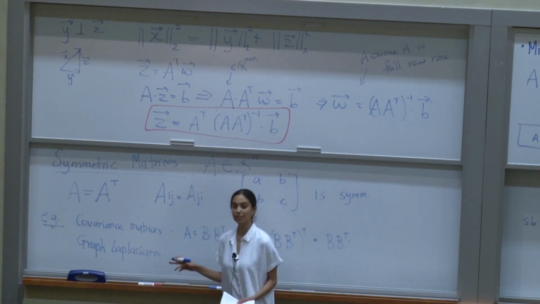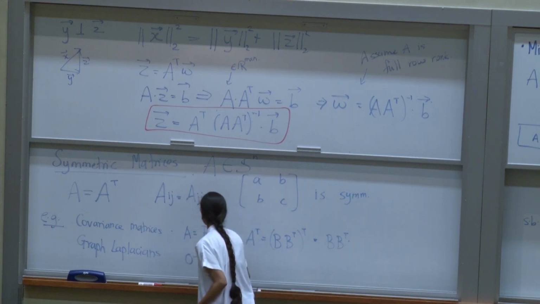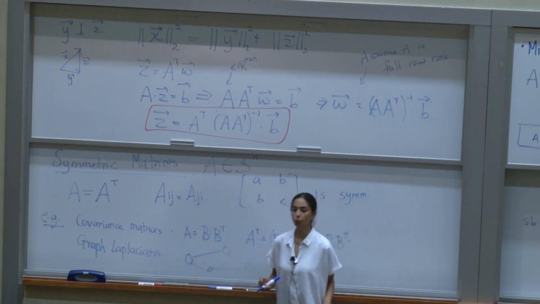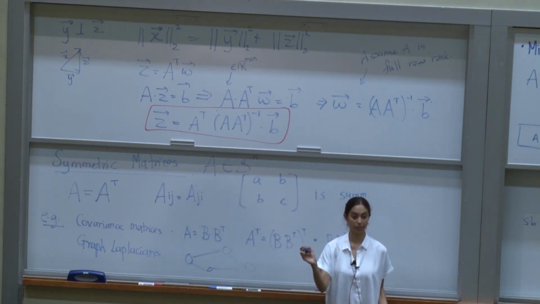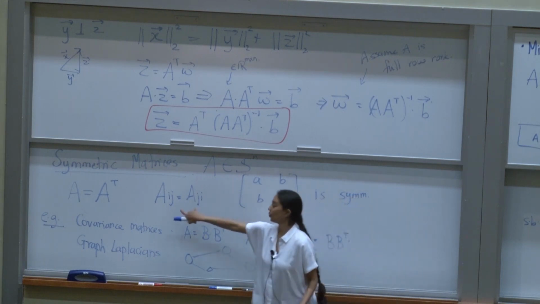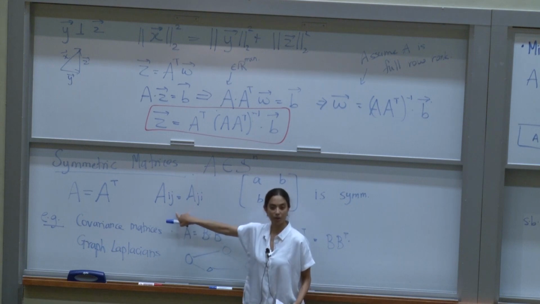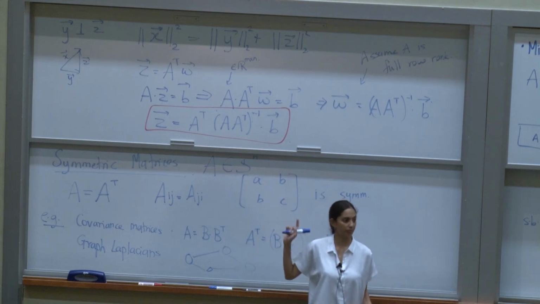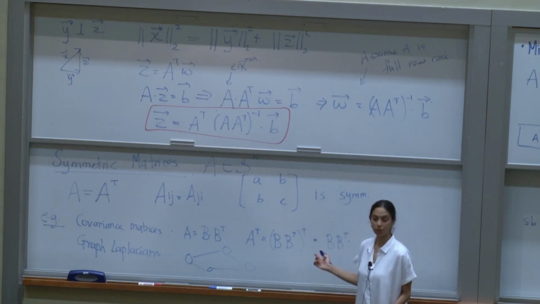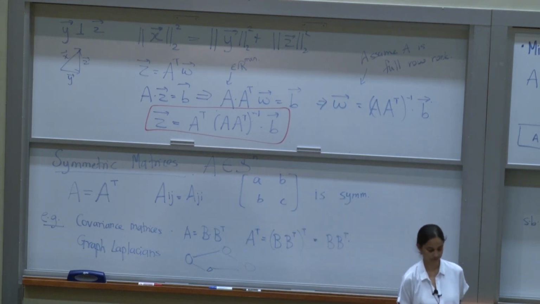So what's a graph Laplacian? A graph Laplacian is basically if I have some graph, Aij is equal to 1 if i is connected to j, right? But if i is connected to j, then j is connected to i. So Aij and Aji are always equal, right? This connectivity matrix, which is called the Laplacian, is also a good example of a symmetric matrix.